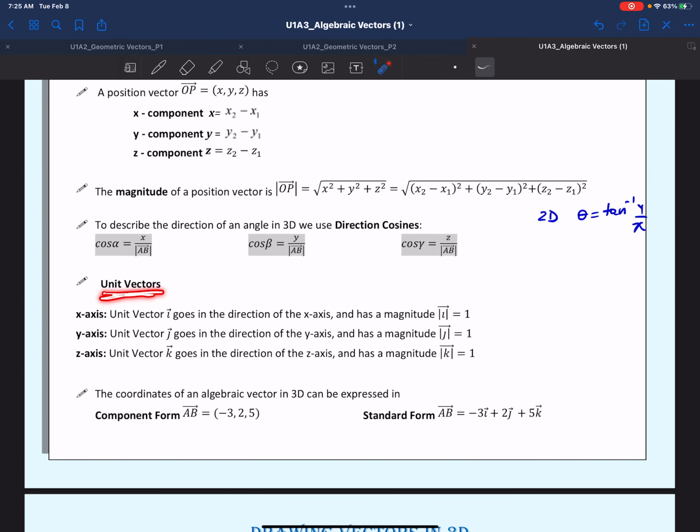Now, just like in 2D, in 3D, we use unit vectors to describe any algebraic or position vector. So we're going to have not just two, like in 2D, but we have a third unit vector. So for x-axis, unit vector still i all the time, y-axis is j, and for z-axis, the unit vector is called k.